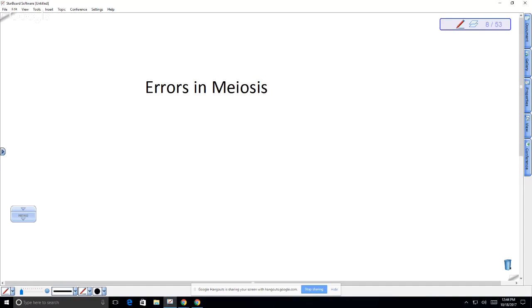Okay. So when we look at errors in meiosis, oftentimes we can talk about non-disjunction. And this is where the chromosomes do not separate properly.